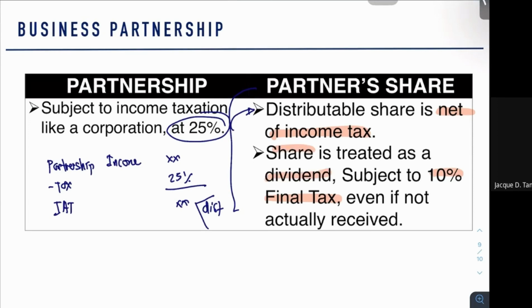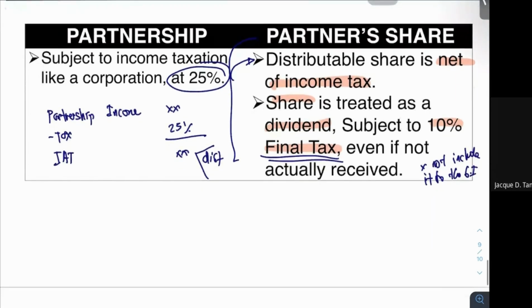So take note, whether it is actually received or constructively received, meaning whether the share was really given or distributed or not, you still have a 10% final tax. Take note, the term here is final tax. Therefore, do not include it in the gross income.